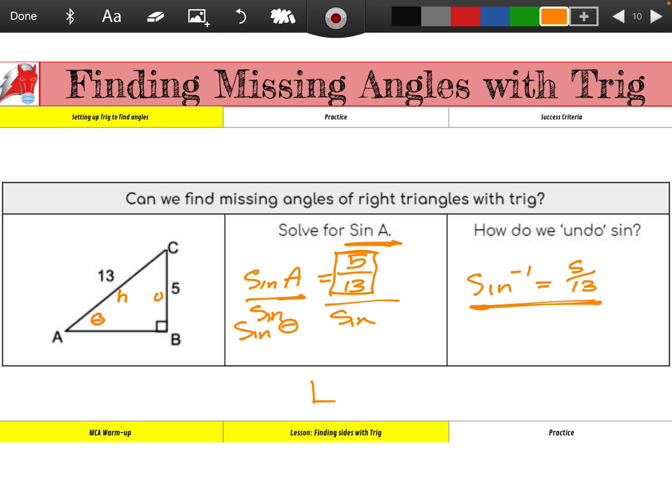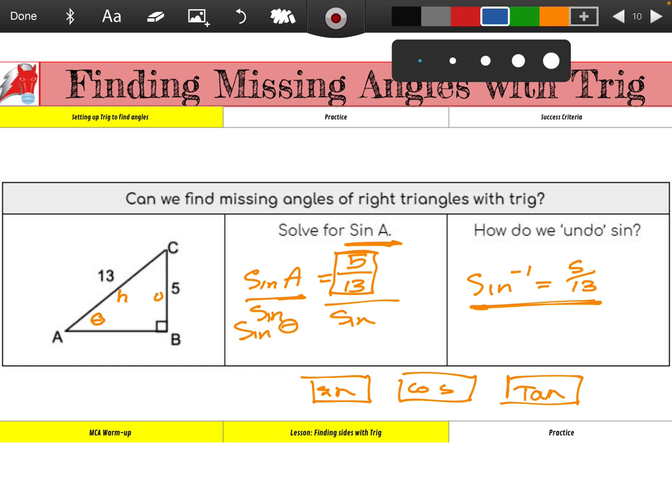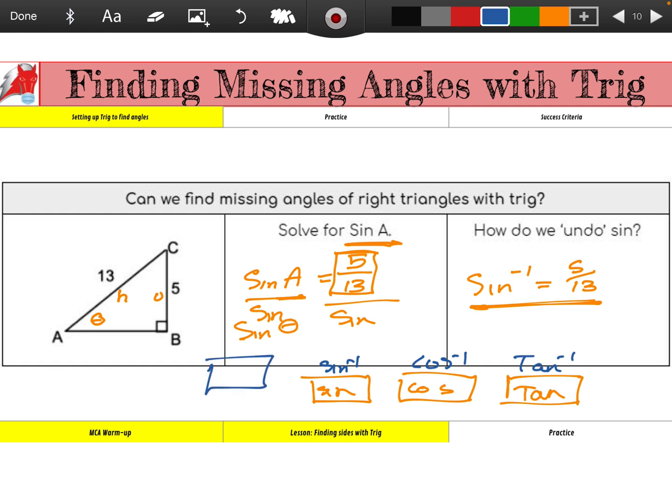Remember those buttons we've been using, sine, cosine, tangent? If you look right above them, usually in blue, you'll see the inverse functions. The way you get to those is you hit your second button, which is usually in the upper left.